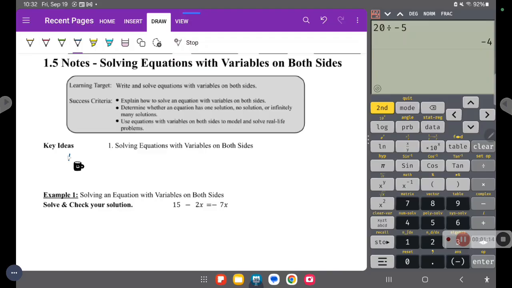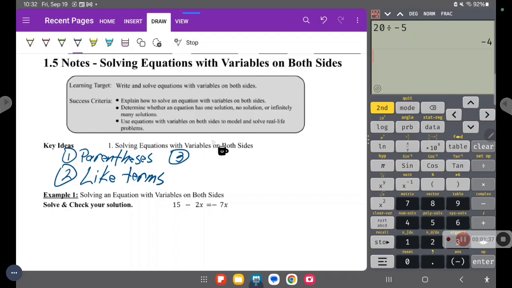So number one, we have to deal with the parentheses. Number two was to combine the like terms. Then number three was to get the variable terms together on one side.